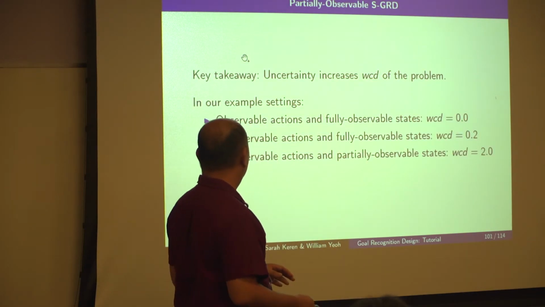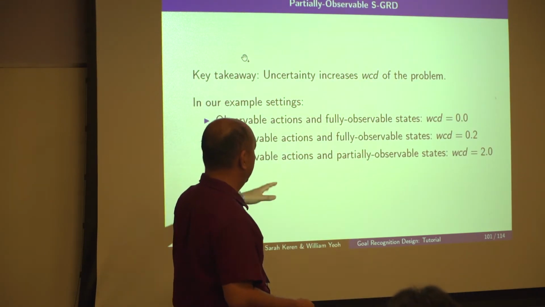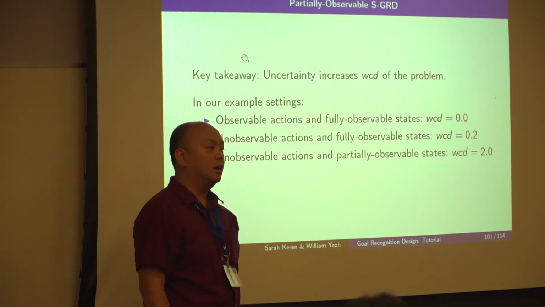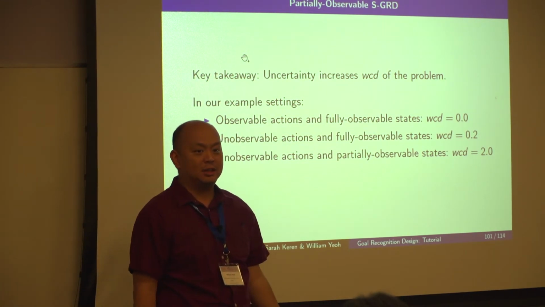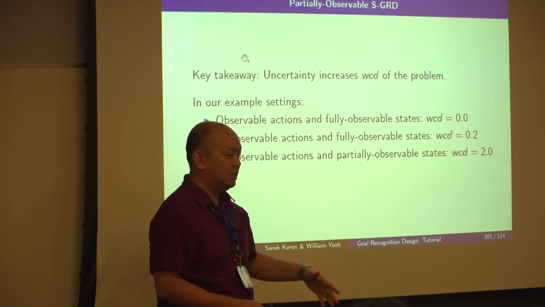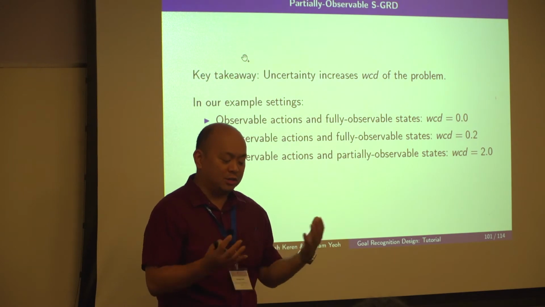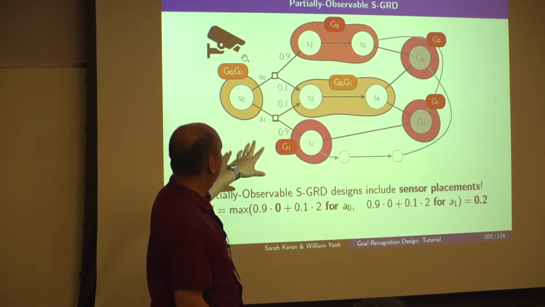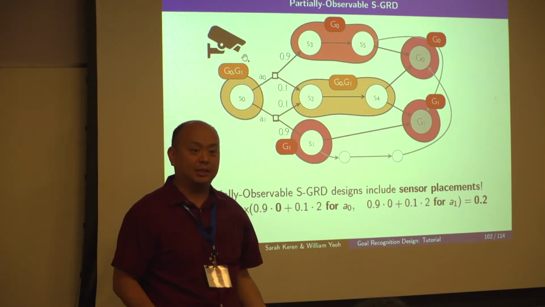All right. So this was essentially the key takeaway: the more uncertainty, the worse it is for the observer. The design part could be not to mitigate the uncertainty, but to force the agent to reveal its actions earlier, but also, potentially, sensor placements to reduce that uncertainty.